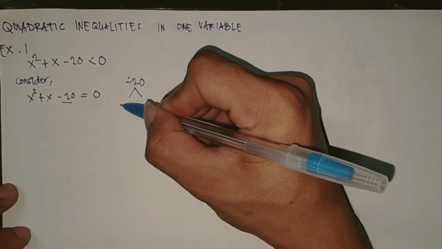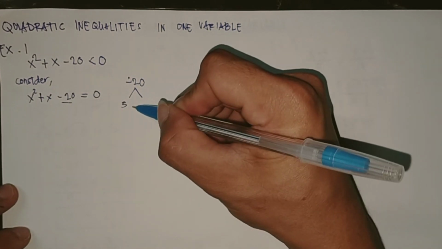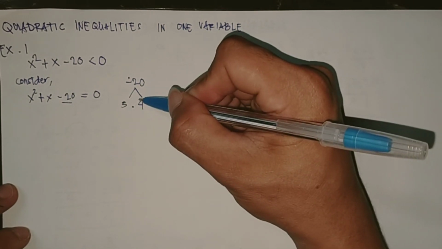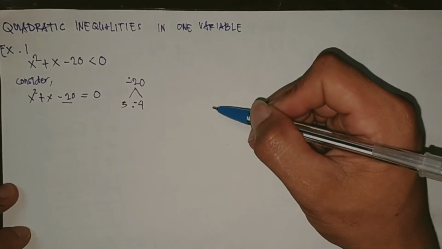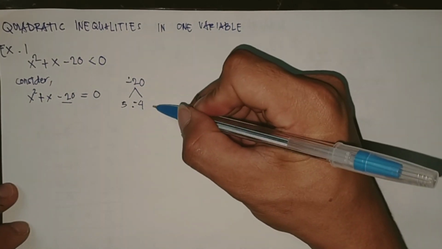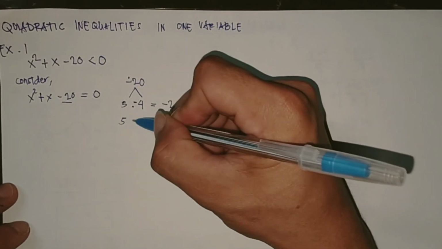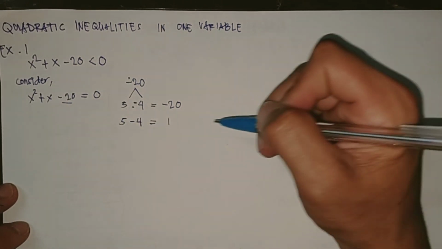negative 20. 5 times negative 4 is equal to negative 20, and positive 5 minus 4 equal to 1.